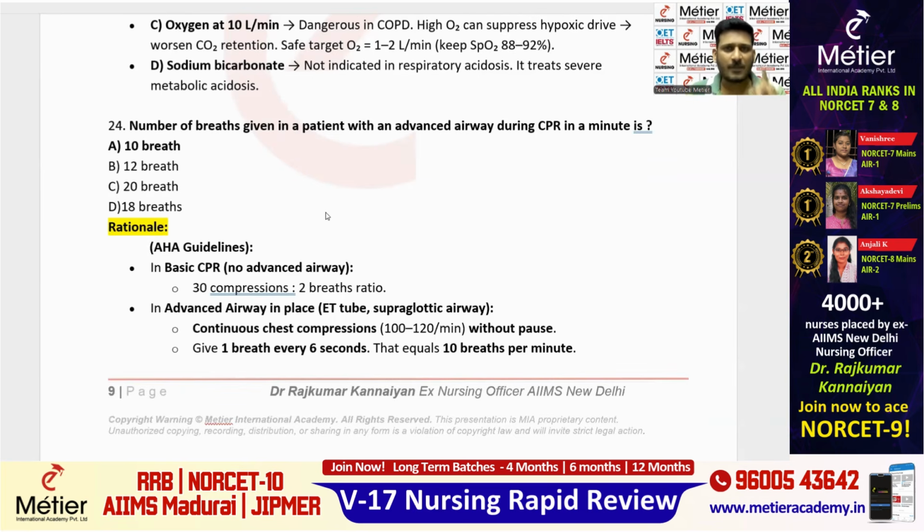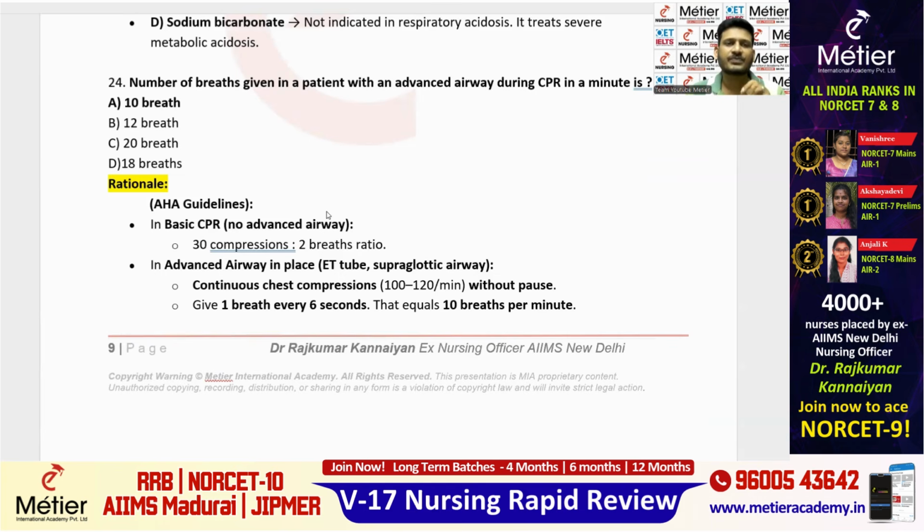See, according to American Heart Association guidelines, 2 things are there. The first one, no advanced airway. Advanced airway is nothing but inserting the endotracheal tube or a supraglottic airway, right? And then along with inserting the ET tube, you are doing the CPR procedure. All those things come under advanced airway.